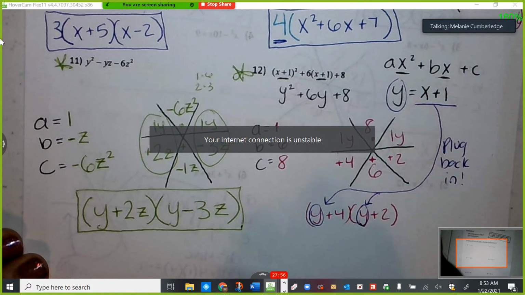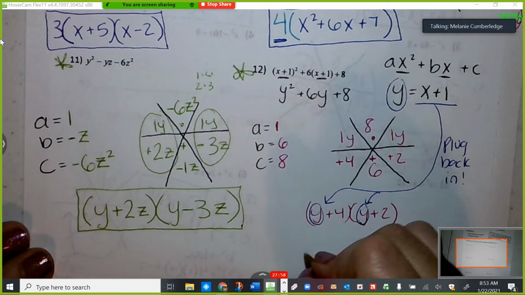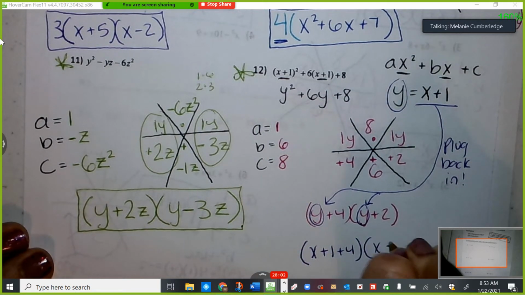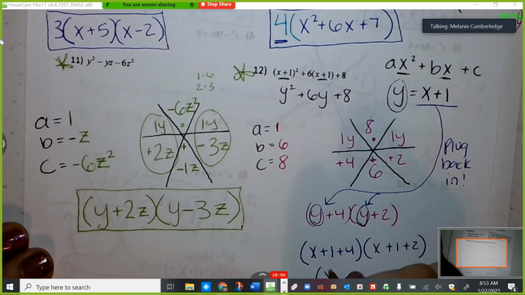I have to plug it back in. Okay, so I get x plus 1 plus 4, x plus 1 plus 2. Well, that just gives me x plus 5 and x plus 3.